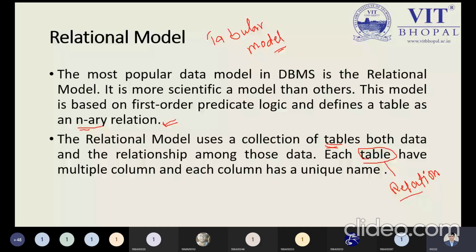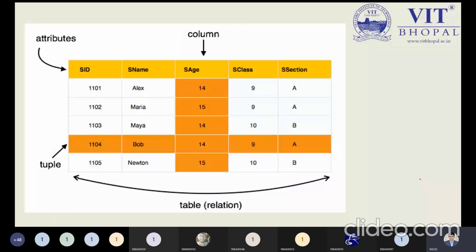Now see, this part we have already discussed many times. You can see these columns: sid, student id, student name, student age, student class, and student section. These are known as the columns, and also as the attributes.